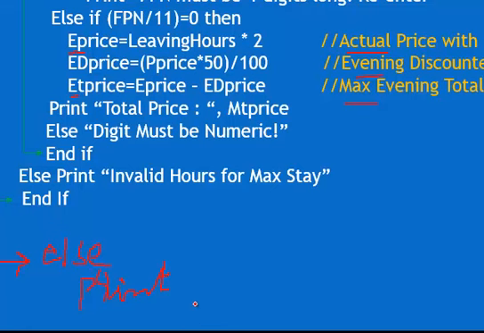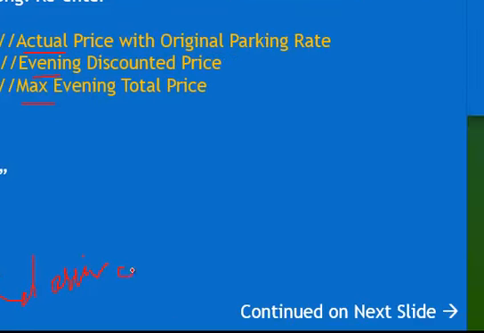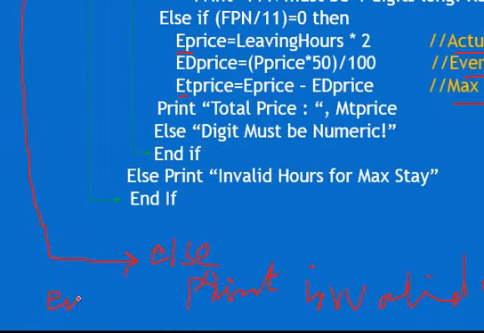Yeah, invalid arrival time. And here you will end if this thing, okay? So this will come to an end. And if, right? So this inner conditional statement ended. B1 is ended now. So now moving to the next part, that is else if day.